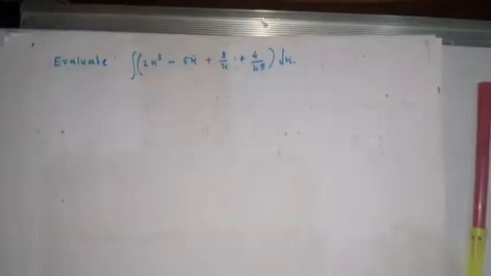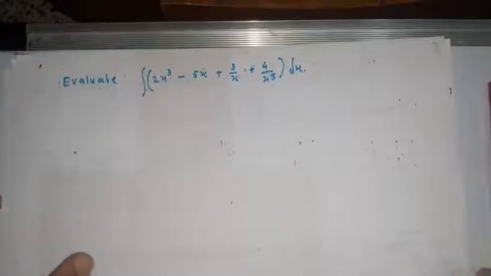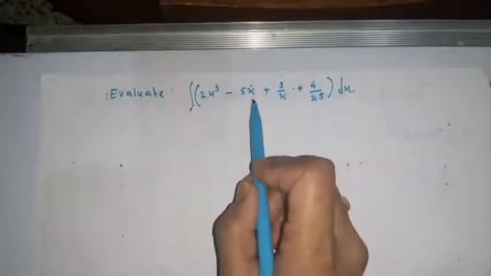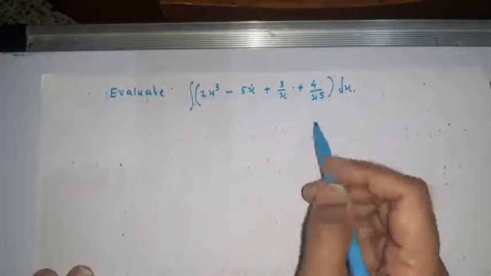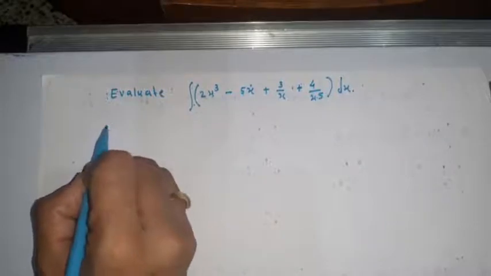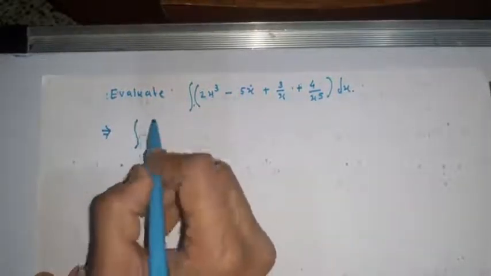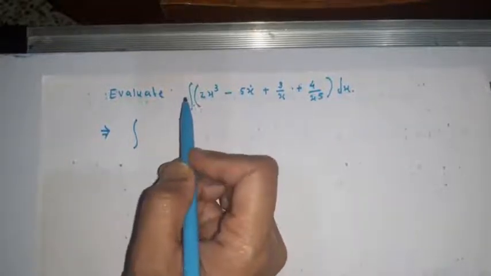In this way, now the next problem is: evaluate the integration of 2x cube minus 5x plus 3 upon x plus 4 upon x raised to 5. So let us take their integration separately.